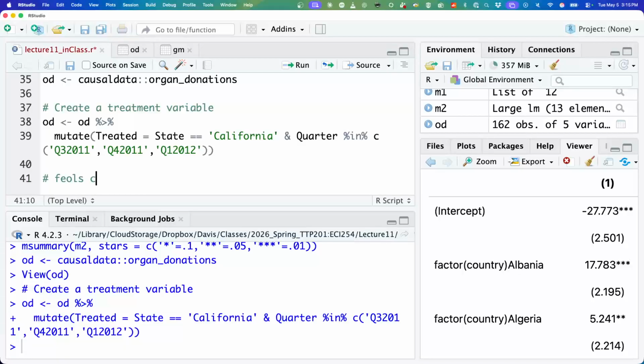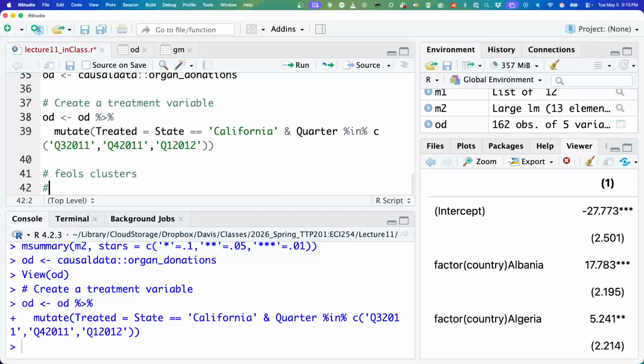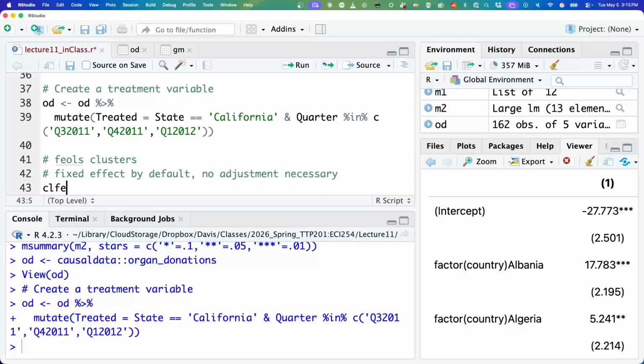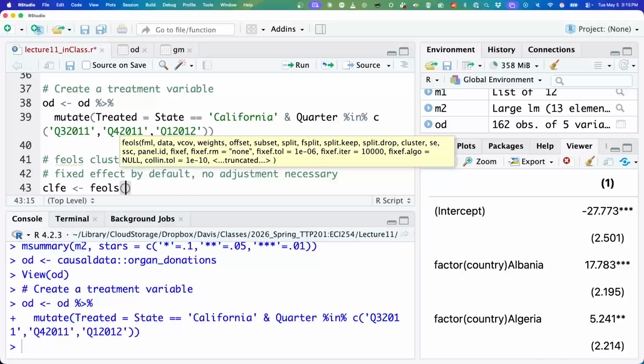So we're going to do clusters, fixed effect by default, no adjustment necessary. So we will use this package called FEOLS.